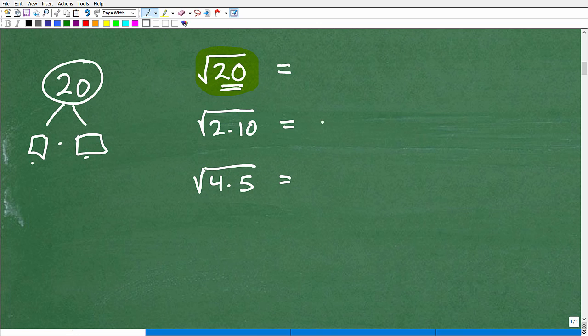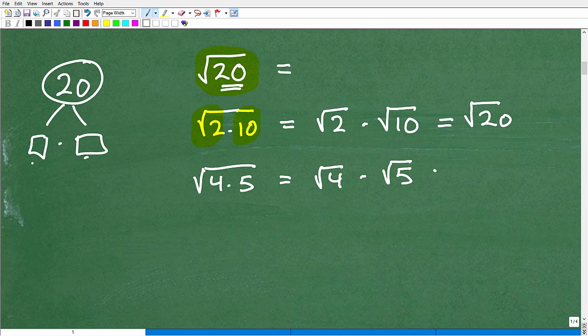We can separate these factors into their own individual square roots. So we can write the square root of 2 times the square root of 10, or over here, the square root of 4 times the square root of 5. Both of these are equivalent to the square root of 20.